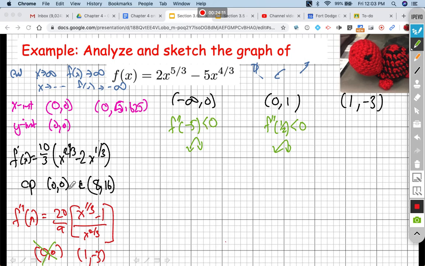If we plug in 0, f prime of 0 does not exist, right? Because I can't do this. So we can't use the second derivative test to check that critical point.